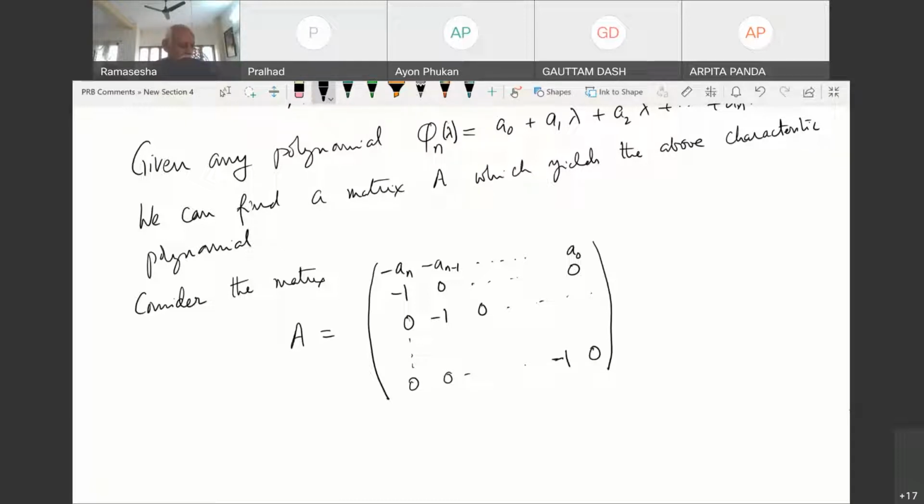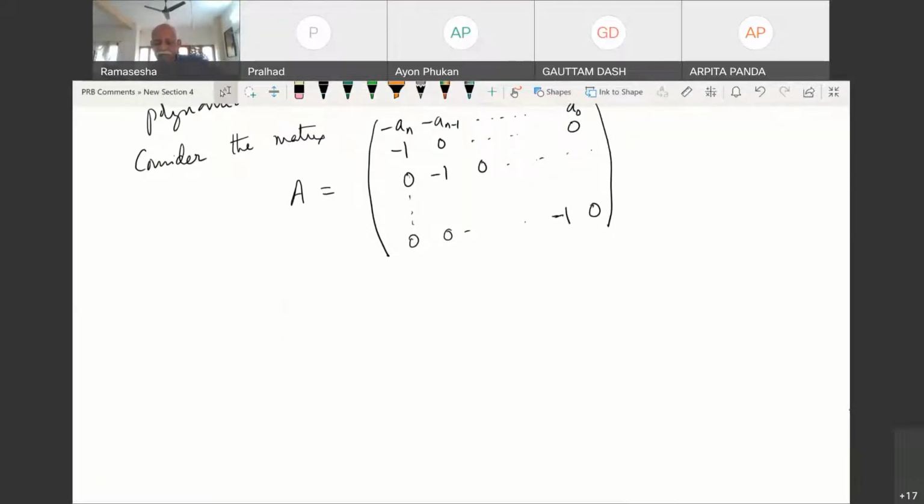Okay. So if I consider this matrix, then the characteristic equation for this matrix is given by the determinant of lambda I minus A, which is the same as A minus lambda I. Doesn't matter whether you set P equal to 0 or minus P equal to 0. The roots are exactly the same.